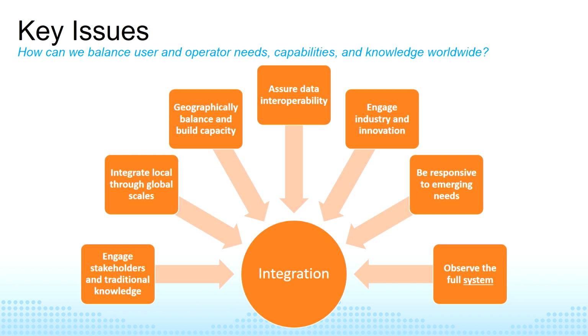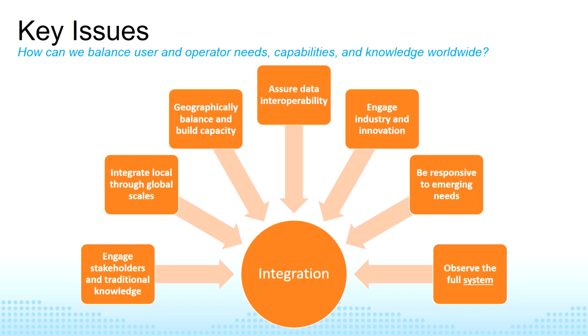Integrating local through global scales. This is something in my work with ocean acidification and the Global OA Observing Network, I'm always harping on local through global scales, because with an issue like ocean acidification, you can't understand the local situation unless it's in the global context, and we can't understand our global signature unless it's the composite, the mosaic of those smaller local pictures as well put together.